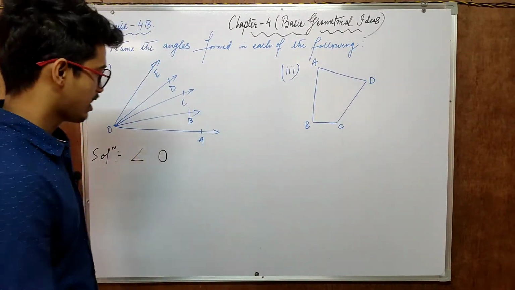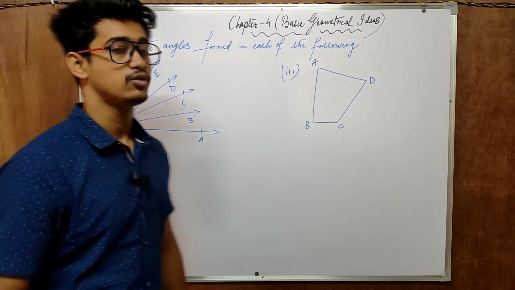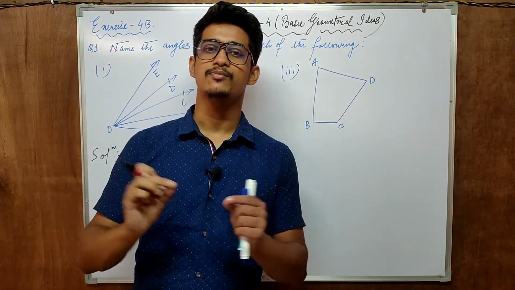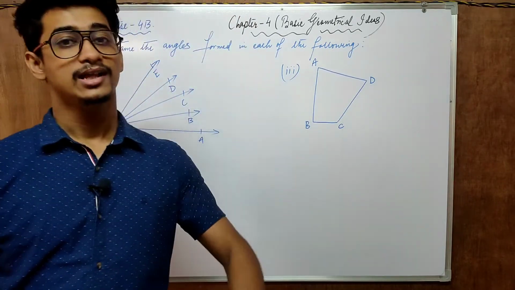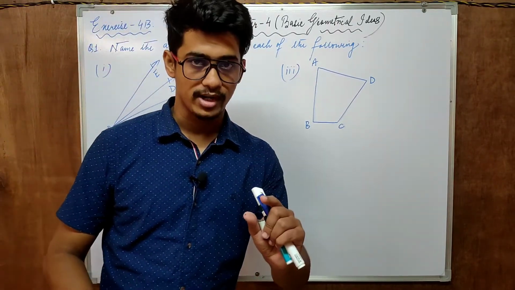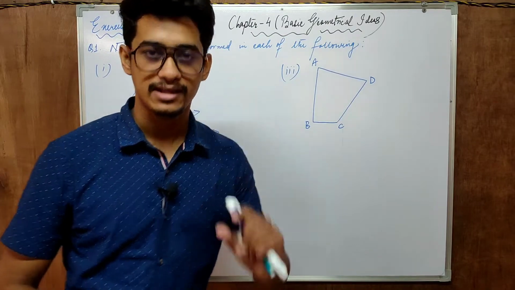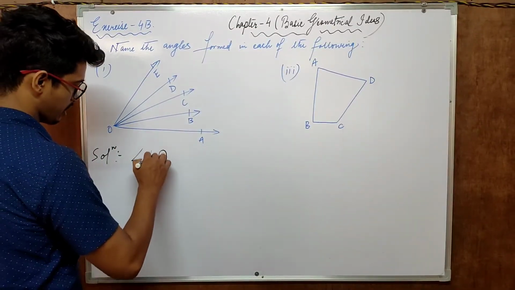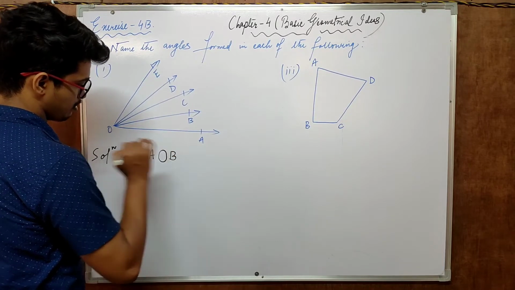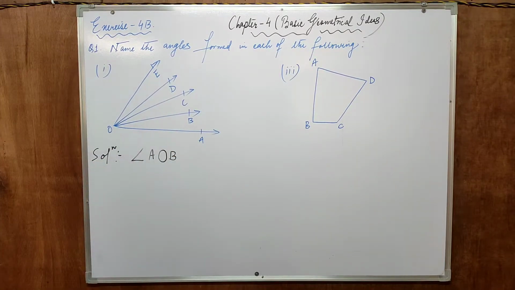All right. But the key thing that you have to focus on is that the connecting point where the arms are getting connected with each other needs to be fixed in the center. All right. So AOB is the first angle. I hope you got it.